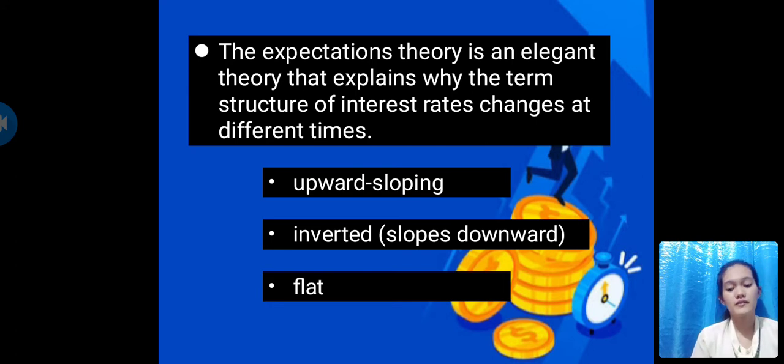And when the yield curve slopes downward or is inverted, it is the opposite of upward sloping. The short-term interest rates are expected to fall on average in the future. When it is flat, the short-term interest rates are not expected to change.